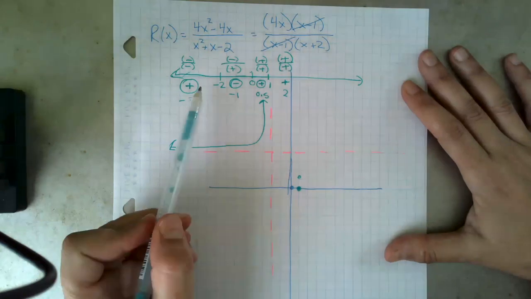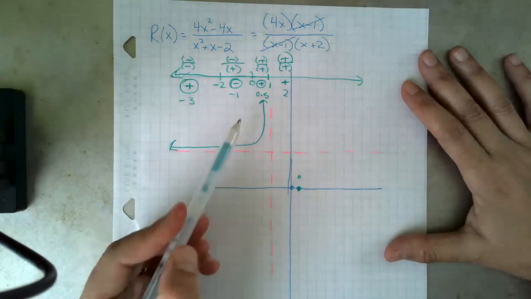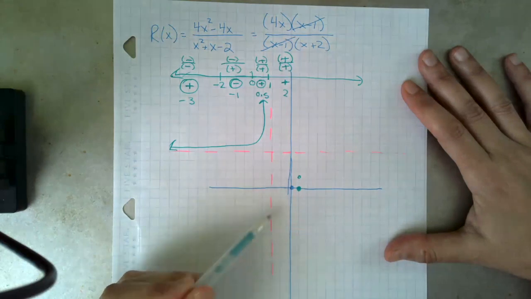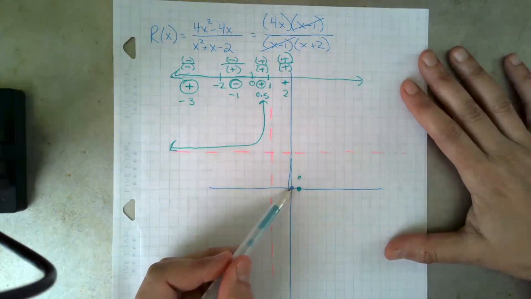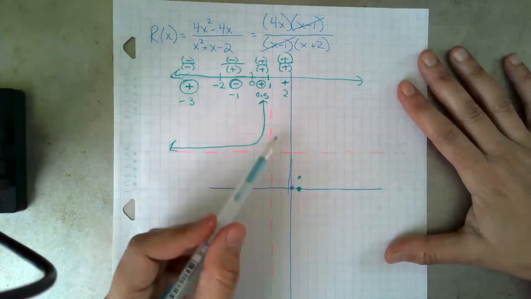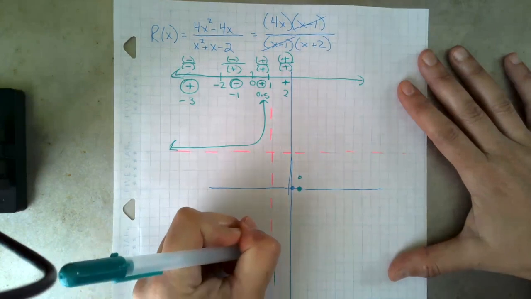Then we hop over to our -2 to 0 range, and we see that we are negative. So here's our asymptote here. Here's our point at 0, 0. So we know we are starting from the negative, bounded by this asymptote, and we are heading there.